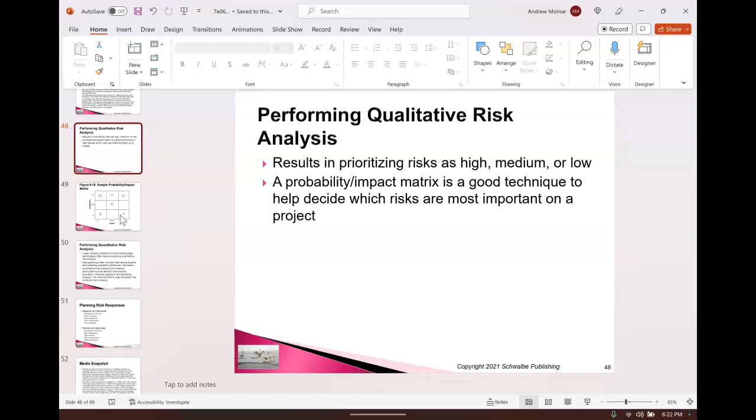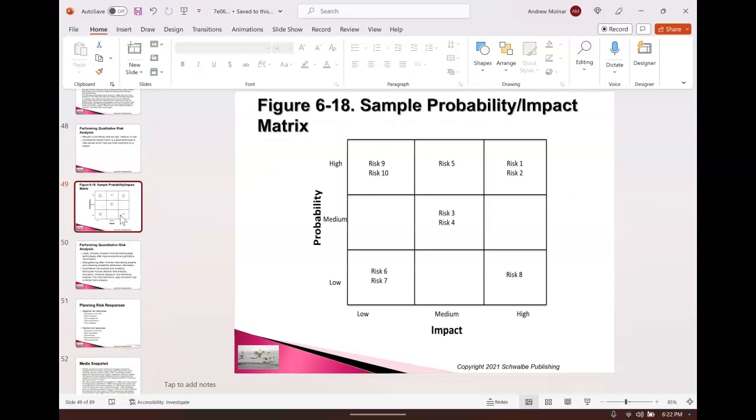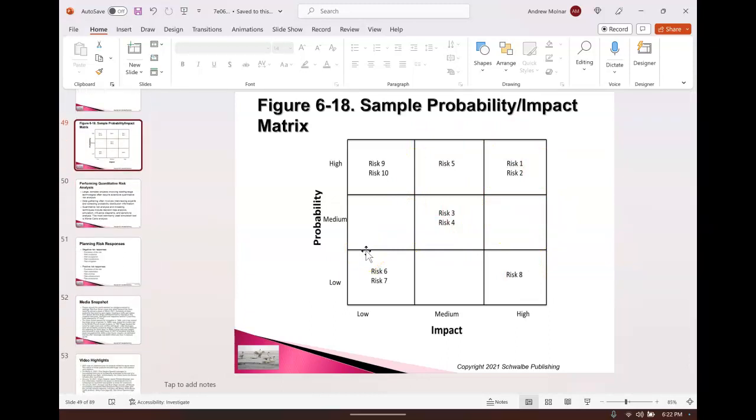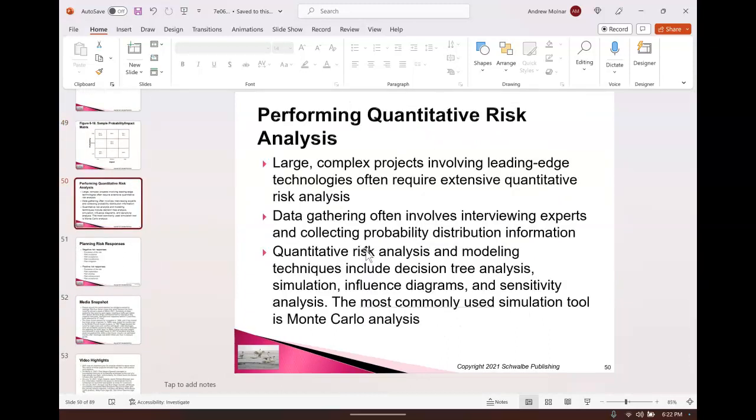Because the only point of qualitative risk assessment is to reprioritize the risk register, put things in order based on the probability that they'll happen and the impact if they do happen. One way to do that is a sample probability and impact matrix for each risk, where you have the probability, low, medium, high, you get your team to vote, and the impact, low, medium, or high. And you can put the various risks along in this probability and impact matrix.